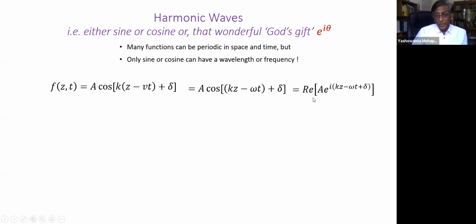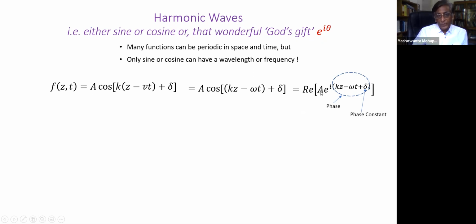This can be written as the real part of this complex exponential, A cos(kz minus omega t plus delta). Now this part is called the phase, because it's an argument to sine or cos, and this is called a phase constant. The whole thing is, of course, a phase.